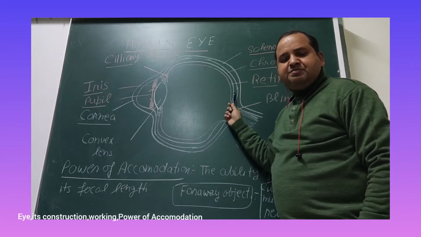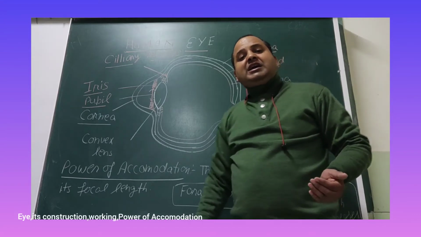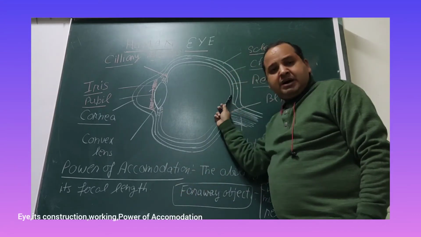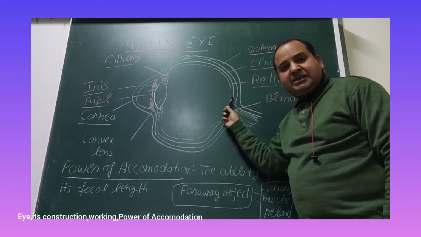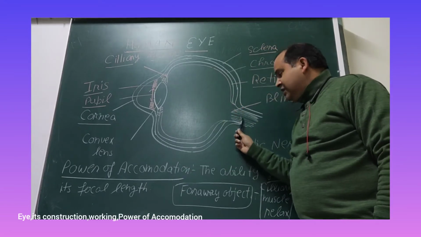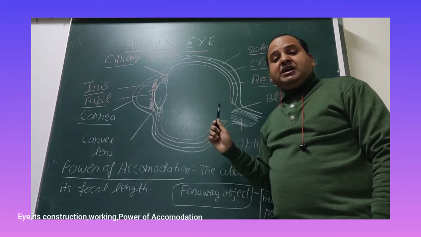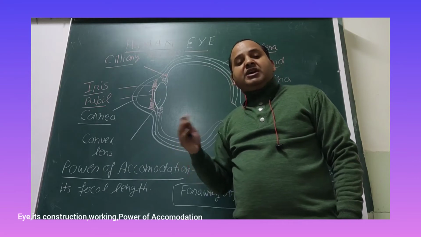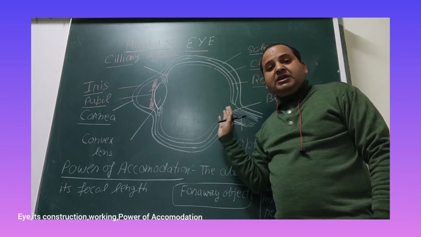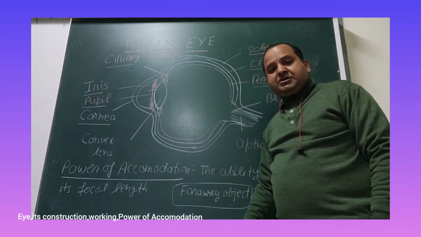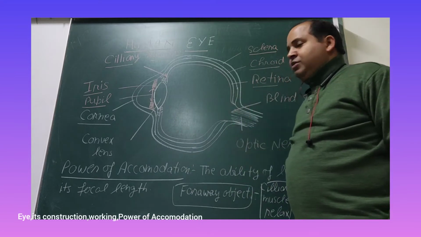This image is converted into an electric signal by cells present on the retina, and this electric signal is sent to the brain by the optic nerve. Then the brain interprets that electric signal, which is sent in the form of a current called an electric impulse. When the brain receives the signal, we are able to see the object. So this is the construction and working of the human eye.